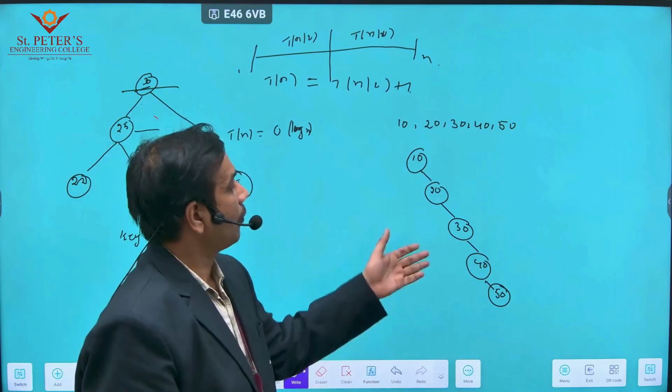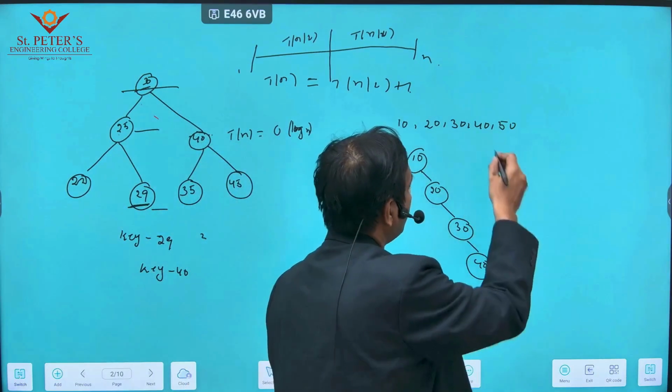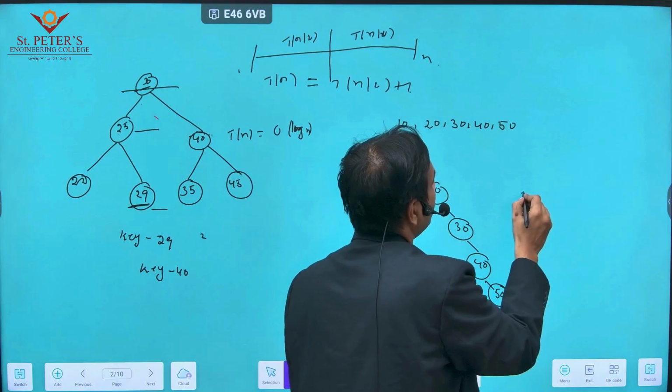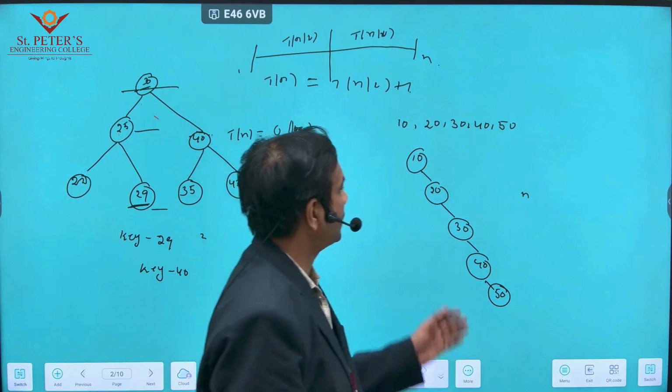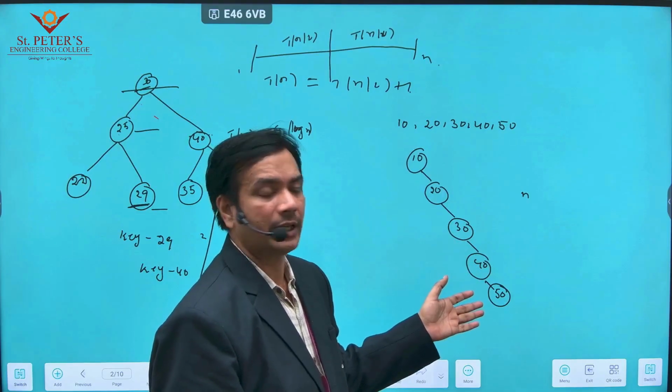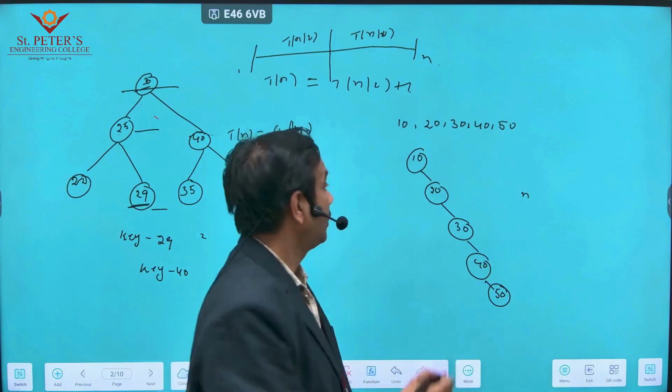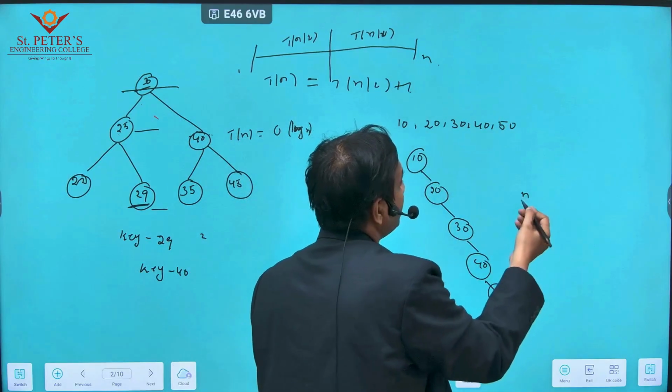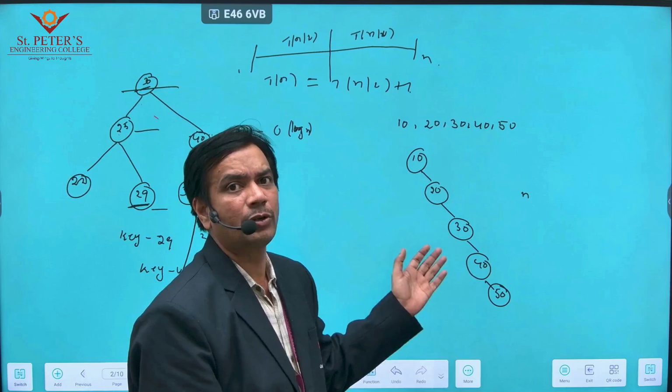So here the time complexity is the maximum number of comparisons. So it is equivalent to the total number of elements. So suppose we consider n elements, the maximum comparison is taken as n. So it is similar to linear search. So this is the drawback.